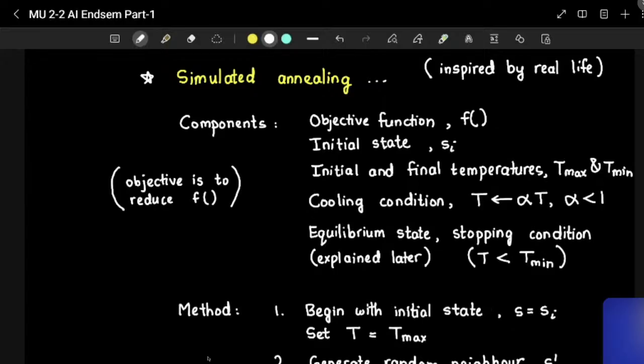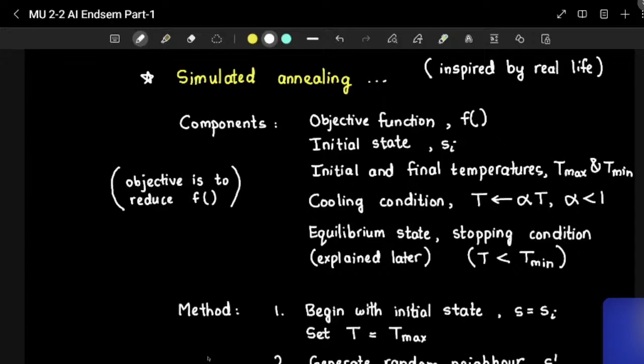And then there's something called temperature. When you look at the algorithm, you'll probably understand what this temperature is doing. We have initial and final temperatures. Initial temperature will be maximum, final temperature will be the minimum. And since we are dealing with temperatures, there's something called a cooling condition. Essentially, we'll be updating our temperature values, and when and where we will see in the algorithm.